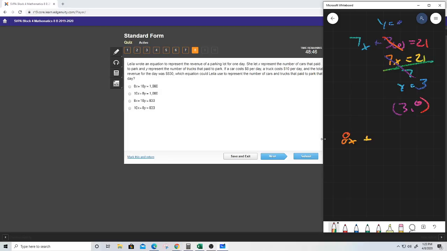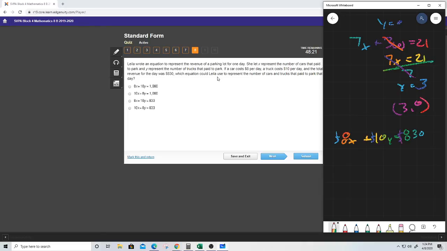And Y represents the number of trucks, and trucks cost $10 per day. And the total revenue for the day was $830. Alright, and let's just make sure we throw our dollar signs on here. Because who don't like money?